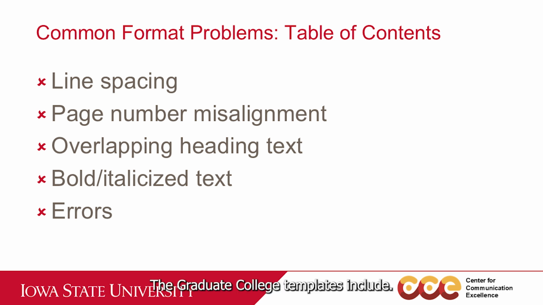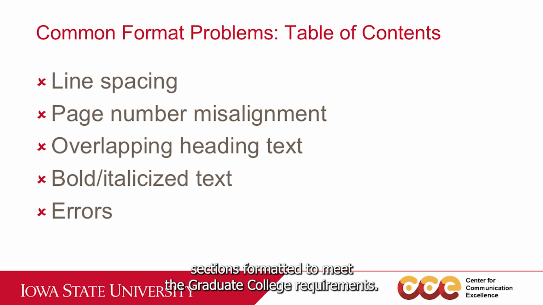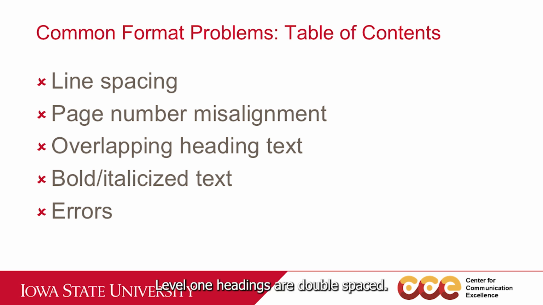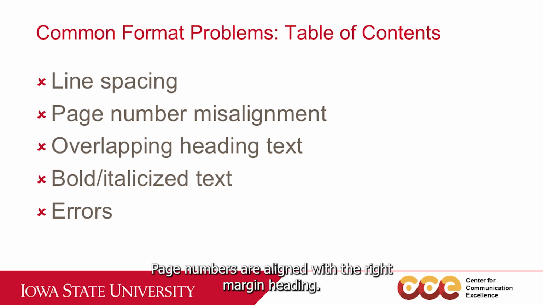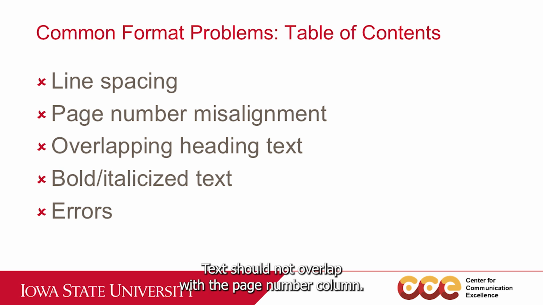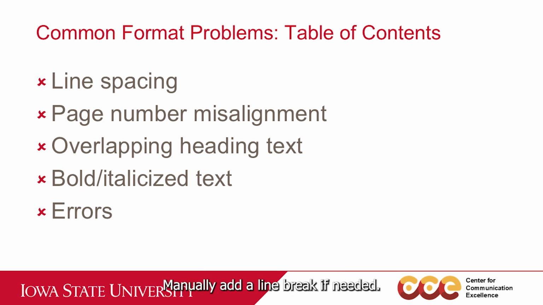The graduate college templates include self-updating table of contents sections formatted to meet the graduate college requirements. Level 1 headings are double-spaced. Level 2 and lower are single-spaced. Page numbers are aligned with the right margin. Heading text should not overlap with the page number column. Manually add a line break if needed.